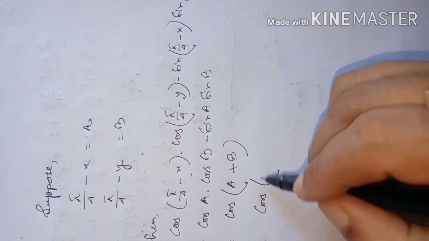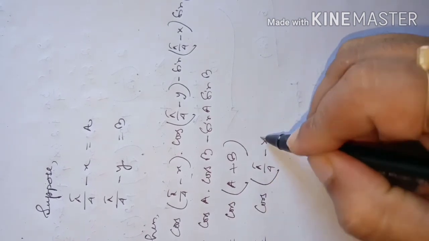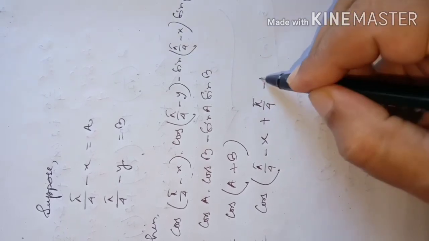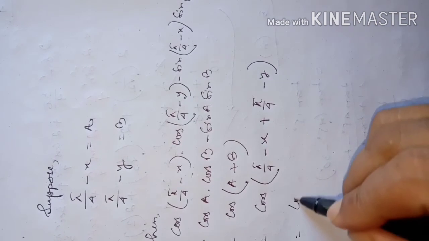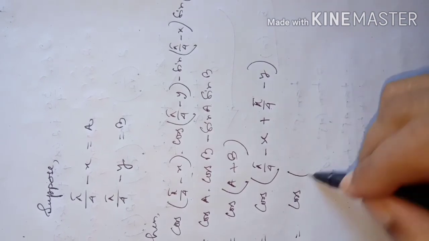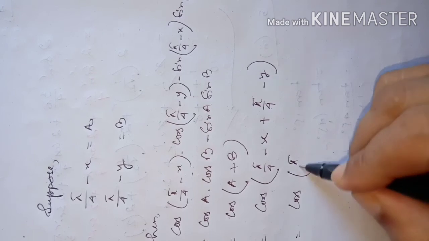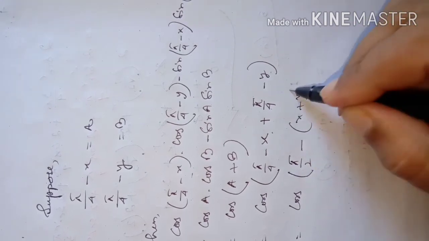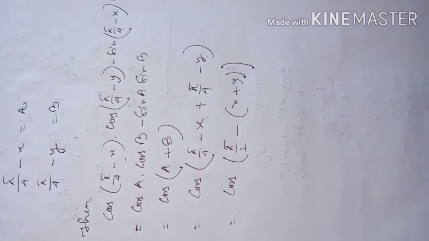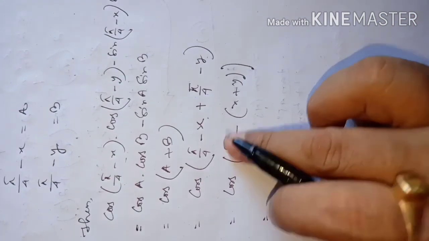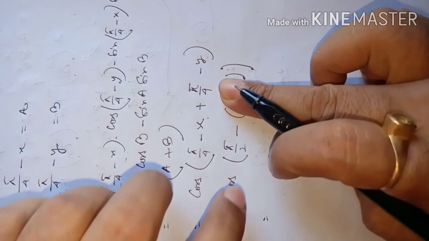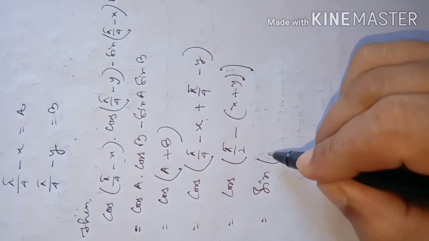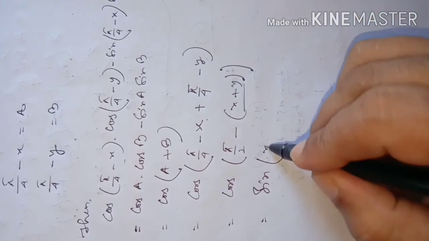A is pi by 4 minus x, plus b is pi by 4 minus y. Then cos of pi by 4 plus pi by 4, that will be pi by 2, minus x and y together in bracket, x plus y. So it is now cos of pi by 2 minus theta form. Cos of pi by 2 minus theta is sin theta, where theta in our mind is x plus y, so that is sine of x plus y.